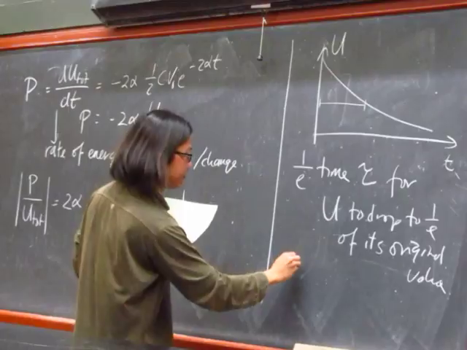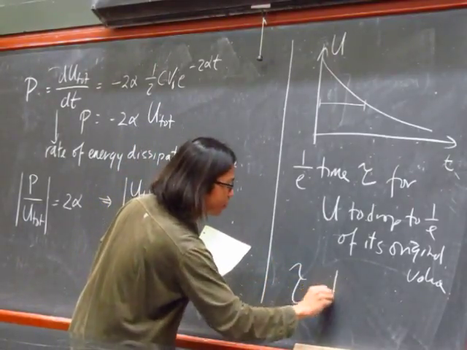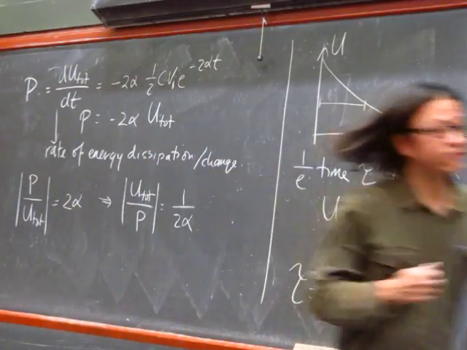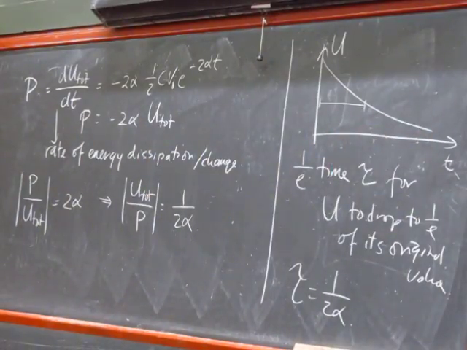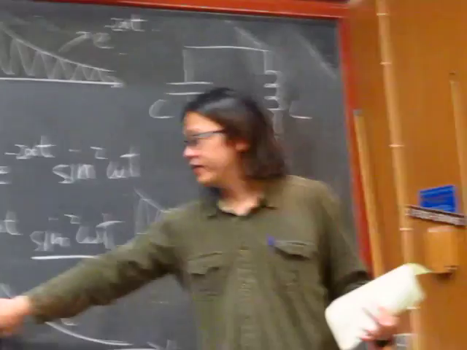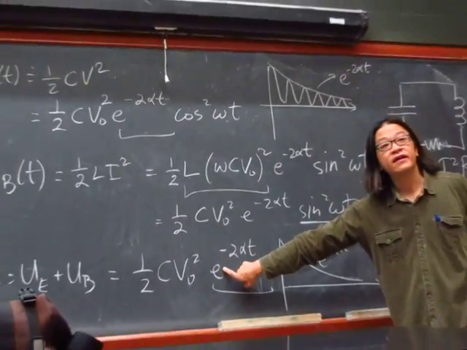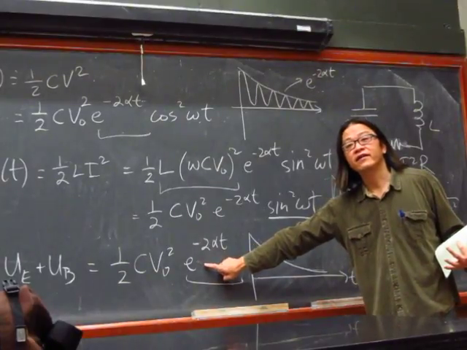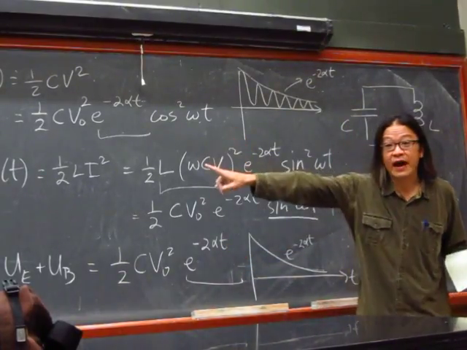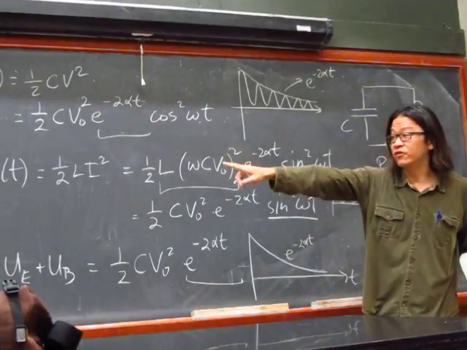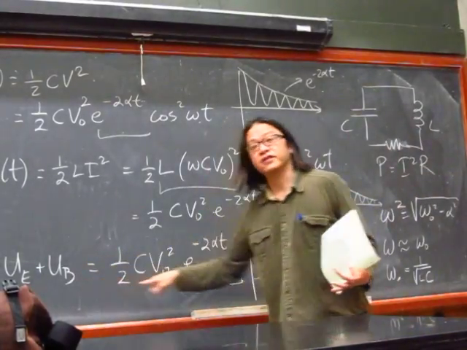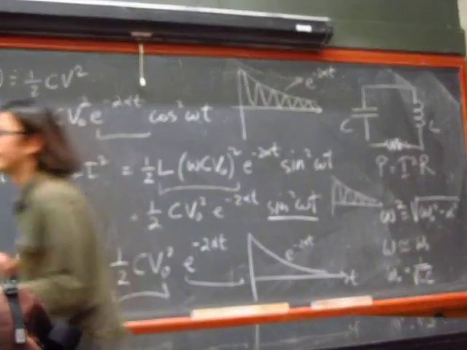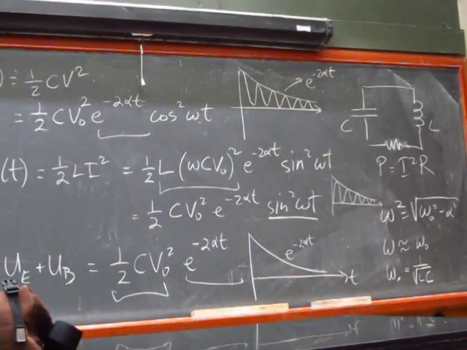That tau is equal to 1 over 2 alpha. Because if I substitute t equal to tau here, then I have 1 over e. So at time equal to tau, which is 1 over 2 alpha, the total energy has dropped to 1 over e of its original value.